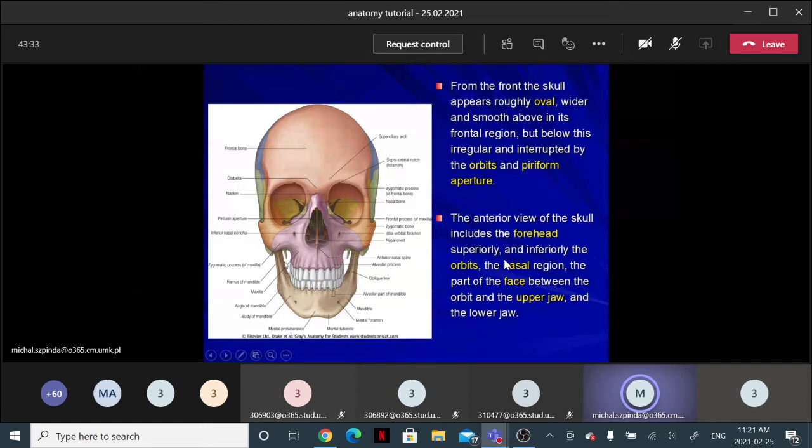The middle opening refers to the nasal cavity. In fact, we have two nasal cavities, right and left, separated from each other by the osseous nasal septum. Such a foramen is called the piriform foramen, so pear-shaped foramen. It's flanked by two orbits that start in front with their orbital openings.